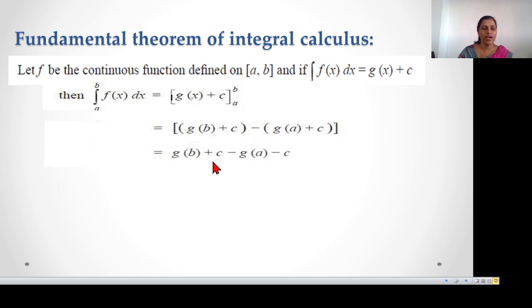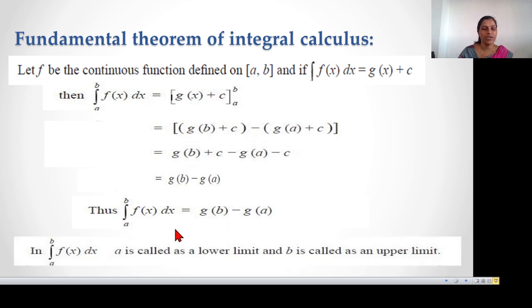So the value will be like this. Then plus c minus c gets cancelled and the value that remains is g of b minus g of a. So whenever you have to find the integral from a to b of f of x dx, the value will be calculated as g of b minus g of a.